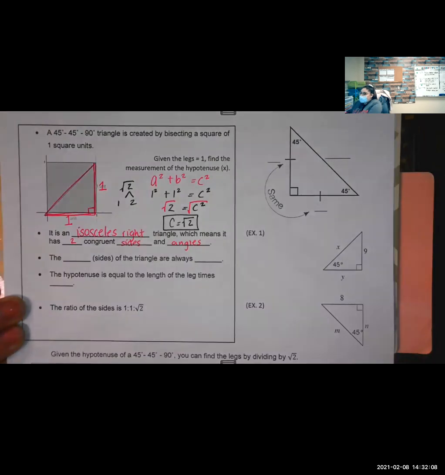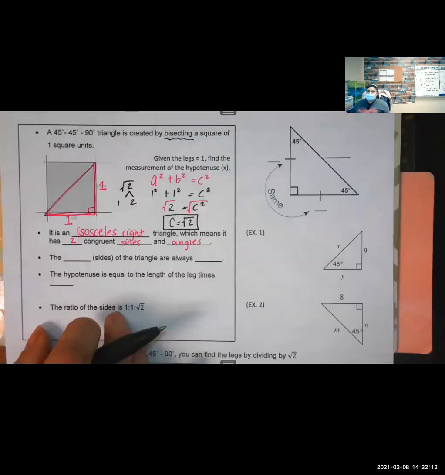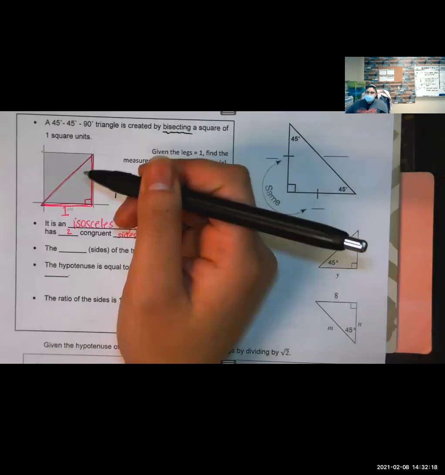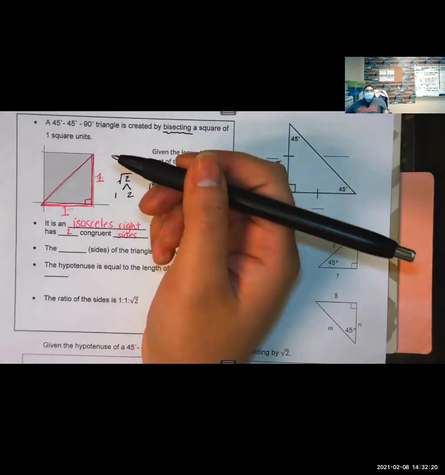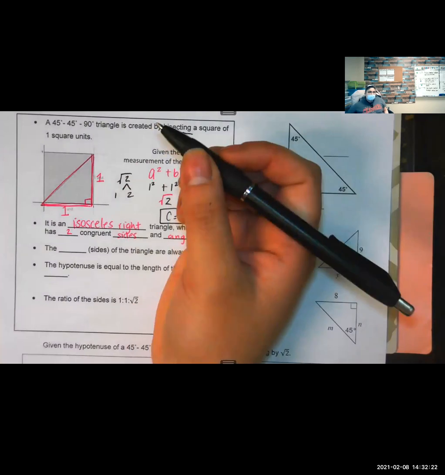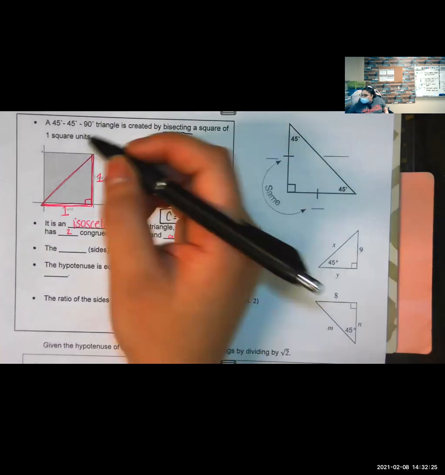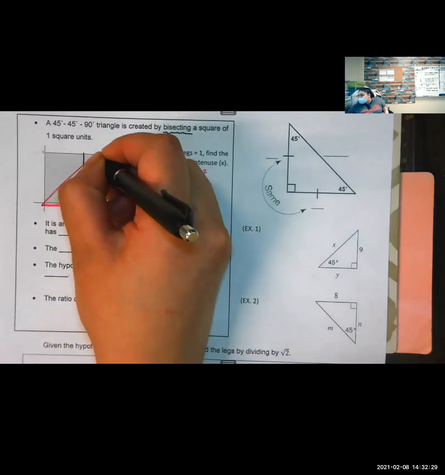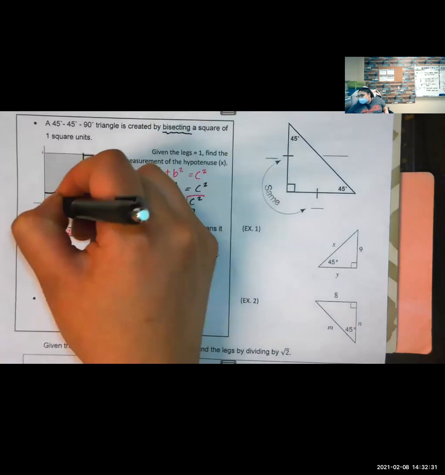But if I bisect, and bisect means to cut in half or to divide in 2, and I have a 90-degree angle that I'm cutting in half, what would the measurement of each angle be equal to? Again, think about this angle in the corner, we know is 90 degrees because it's a square.